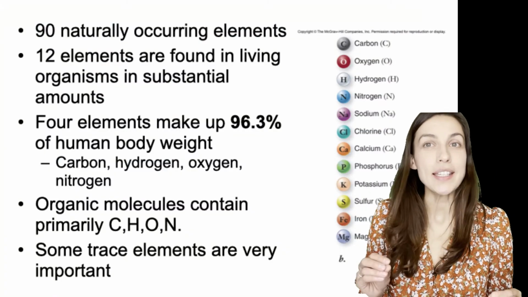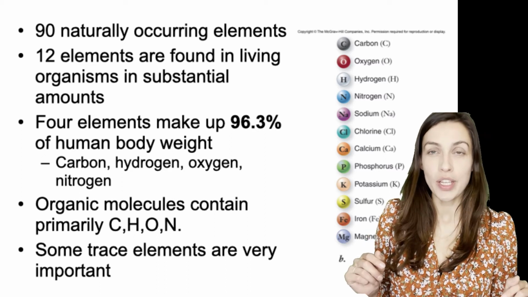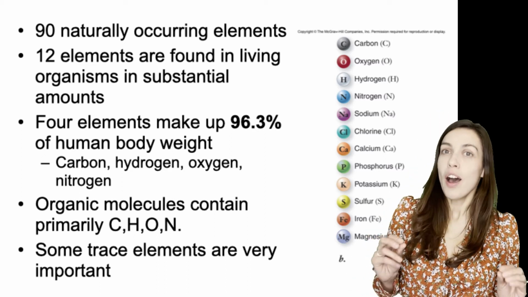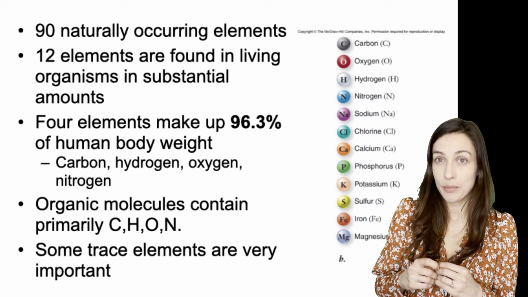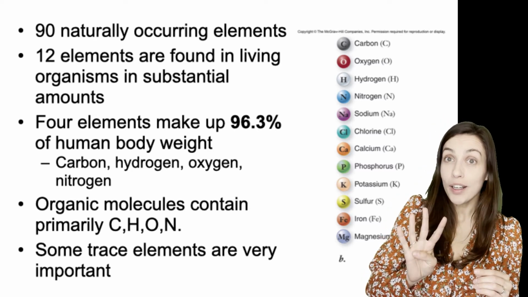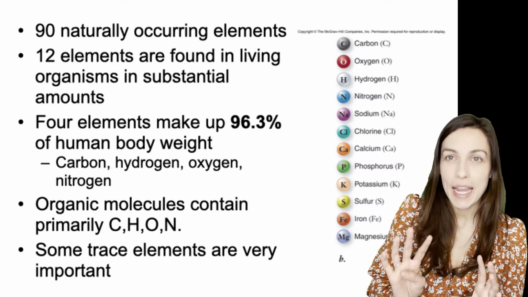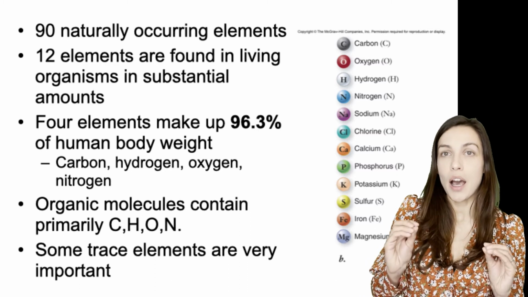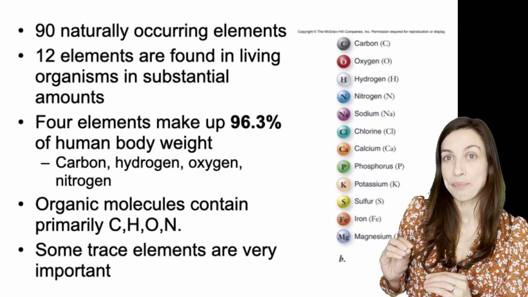Out of the 90 naturally occurring elements in the universe, only 12 are found in any substantial amounts in living organisms. And interestingly, only 4 chemical elements, so that means only 4 different types of atoms, make up 96% of the human body.